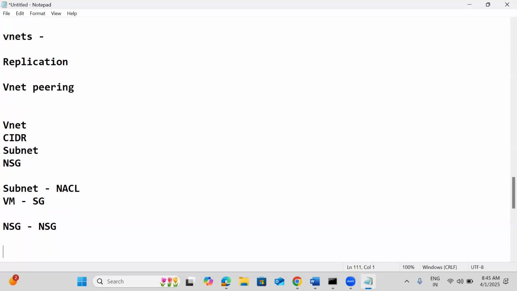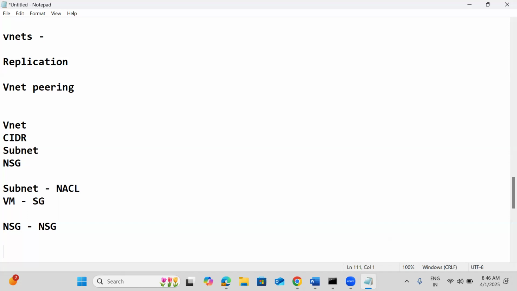Now we can configure the NSG at the VNet level, or at the Azure Firewall level also. At the subnet level also we can configure it, or at the resource level also we can configure it. So that is the advantage of NSGs.